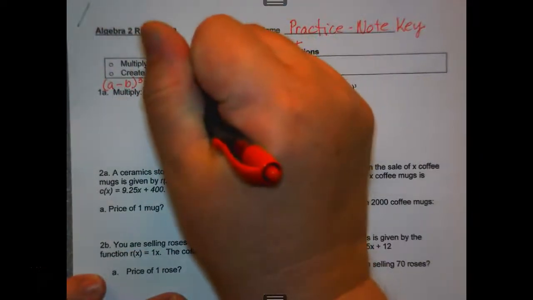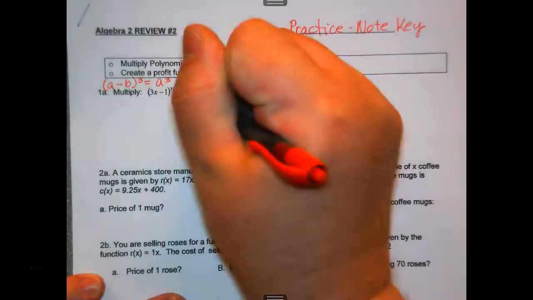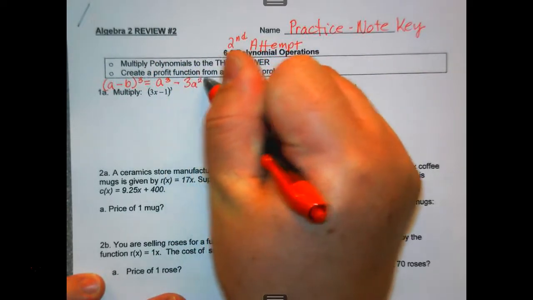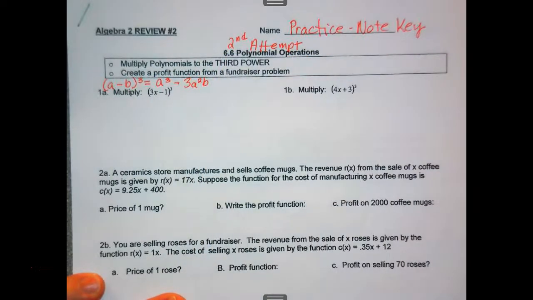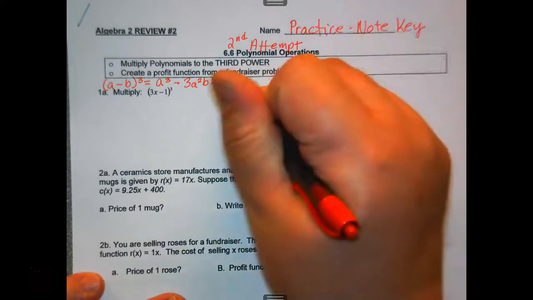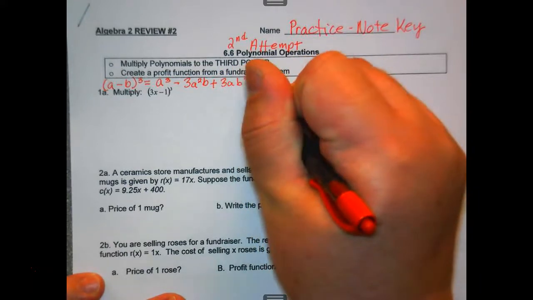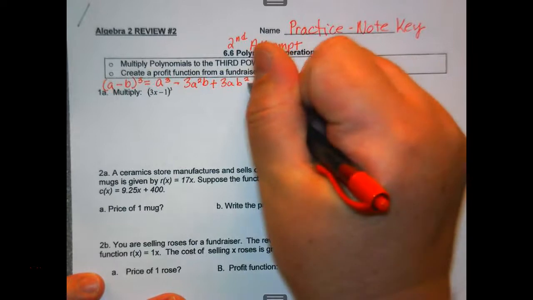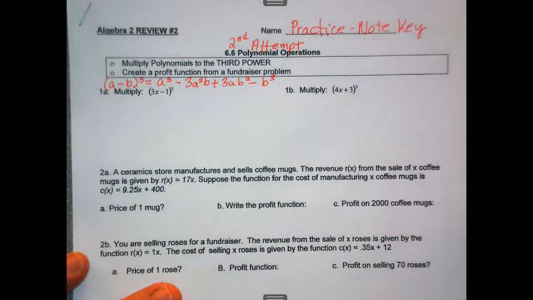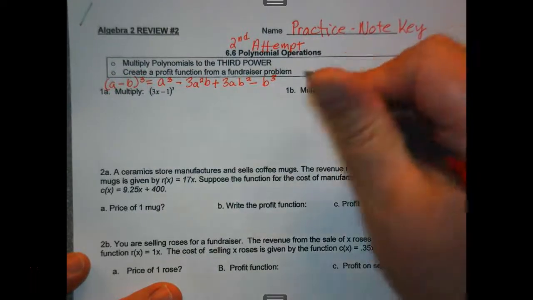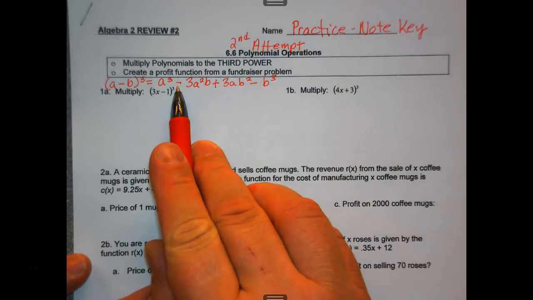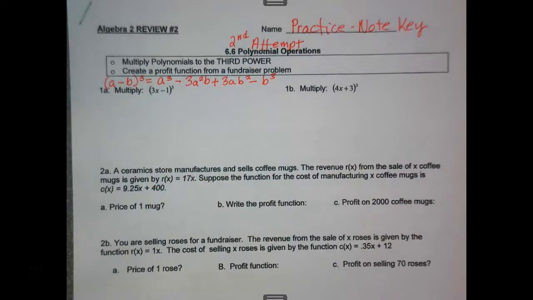Is a cubed minus 3a squared b plus 3ab squared minus b cubed, which means the plus is going to be, I think you just switched this time? I forgot. You guys are going to have to look it up.